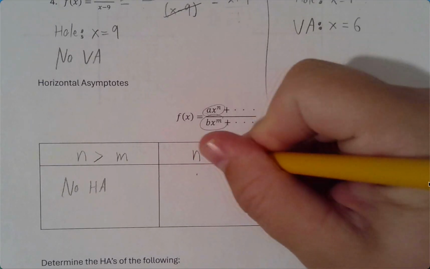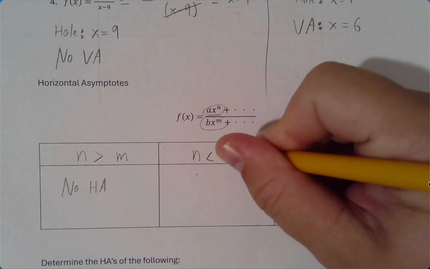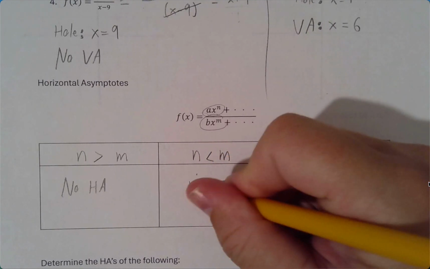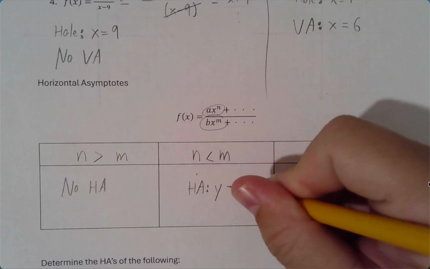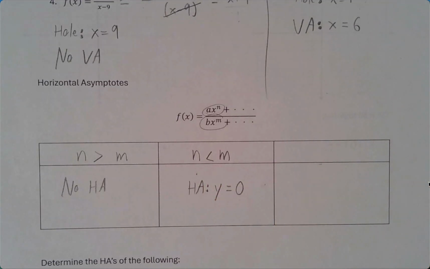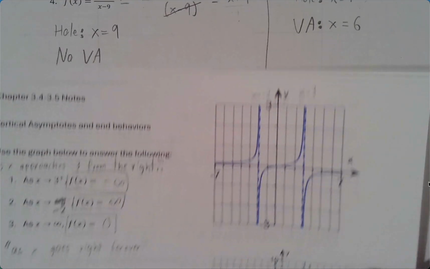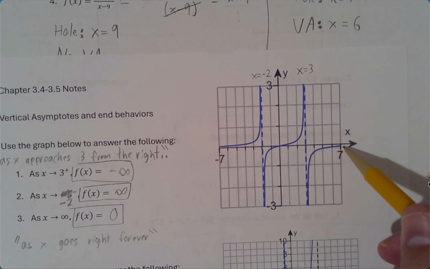All right, moving more quickly, what if n is less than m? This is interesting. There is an HA, but it's the same answer every time. It's y equals 0. You've encountered that before. I've gone back to this graph so many times, but it's this graph right here.